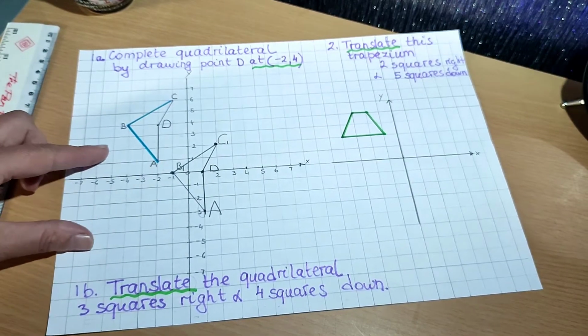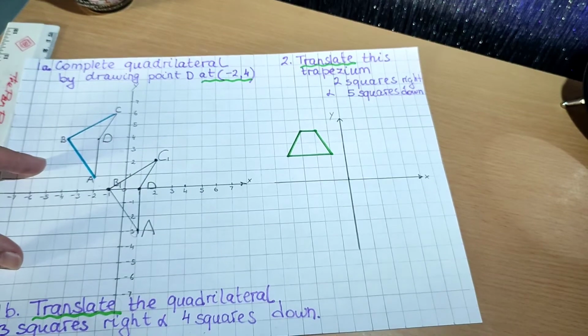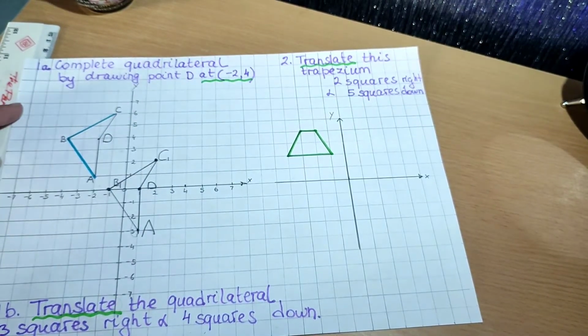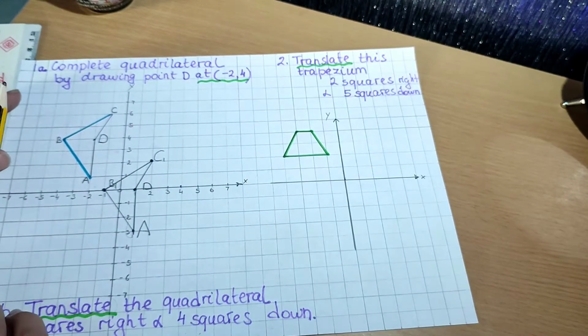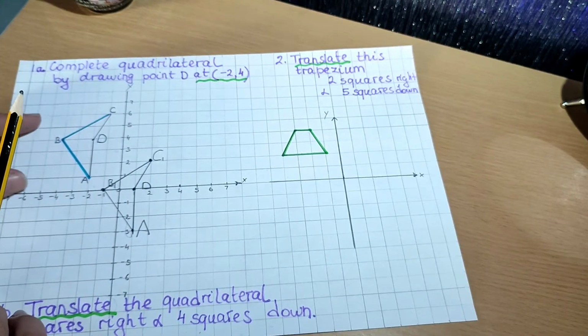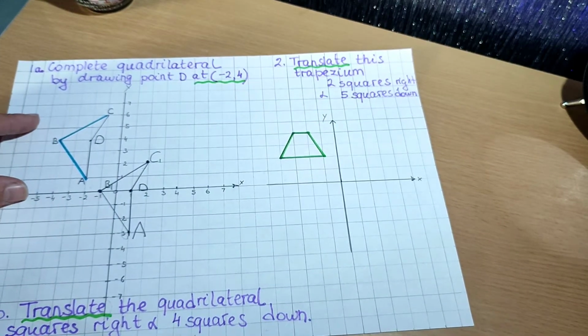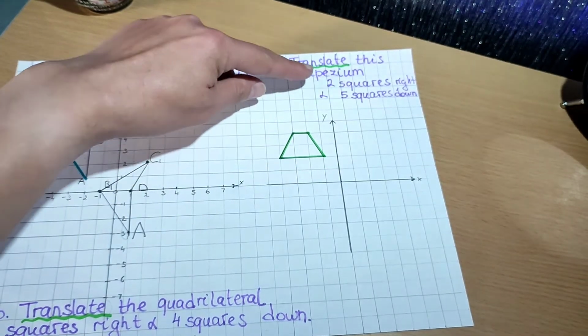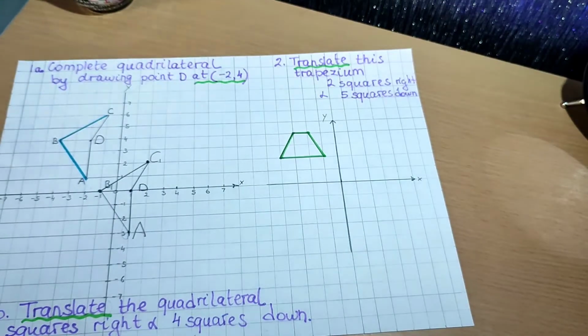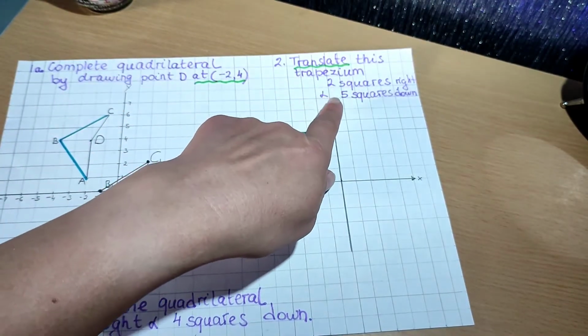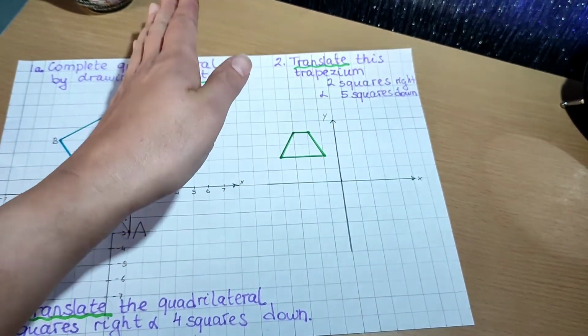Right, let's have a look at this task now. Number 2. Translate this trapezium, 2 squares right and 5 squares down. You won't always have to the right and then down, or to the left and then up. Sometimes you might just have 3 squares to the left and that's it.